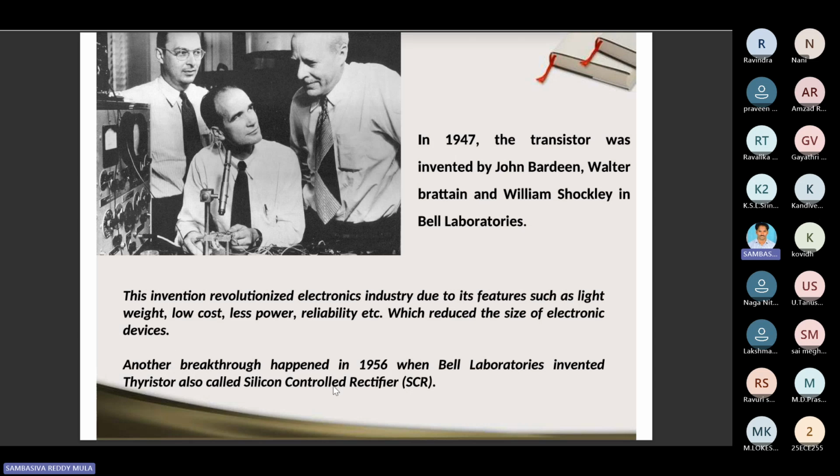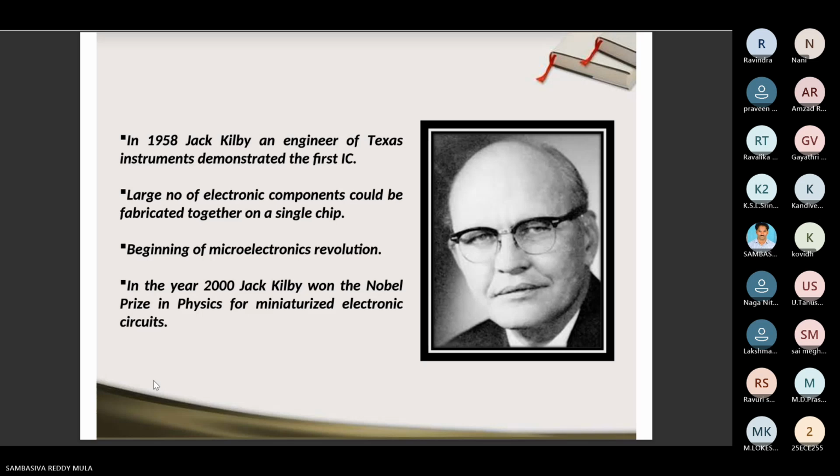Another breakthrough happened in 1956 when Bell Laboratories invented the thyristor, that is the silicon controlled rectifier. So in 1958, Jack Kilby, an engineer of Texas Instruments, demonstrated the first IC. IC means integrated circuit.